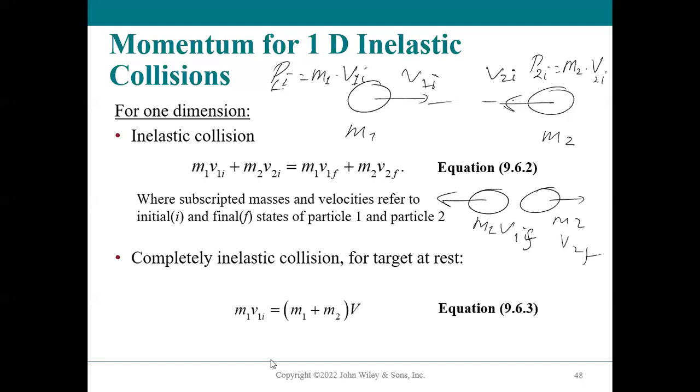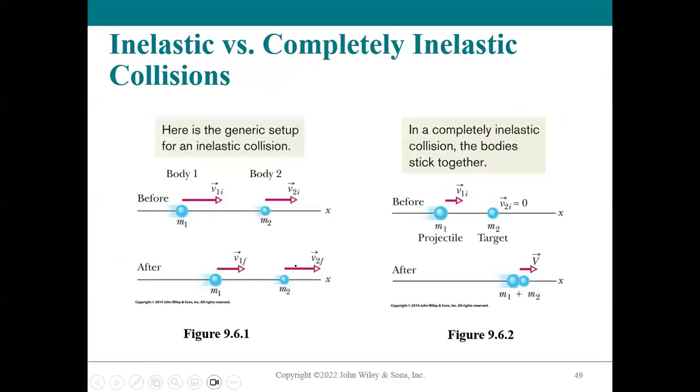For a completely inelastic collision with a target at rest, after the collision they stick together. For example, there is a block and another one, and after the collision they stick together. This is typical of a completely inelastic collision. Now, inelastic versus completely inelastic collision.